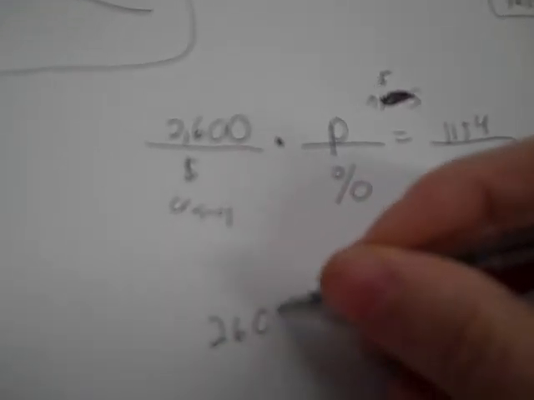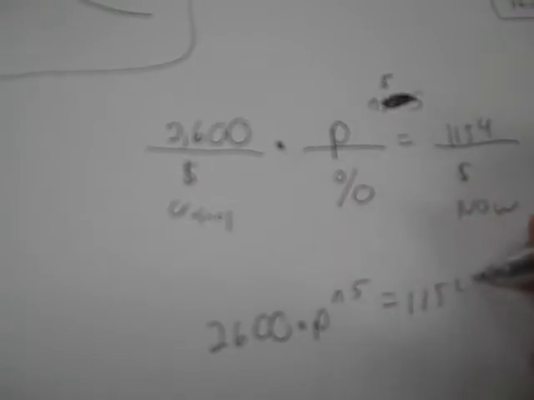I don't usually do quarterly with the P problems. So we just put the simple years, which is 5. Then the new amount's $1,154. This is more than just a calculator. So 2,600 times P to the 5th power equals 1154.